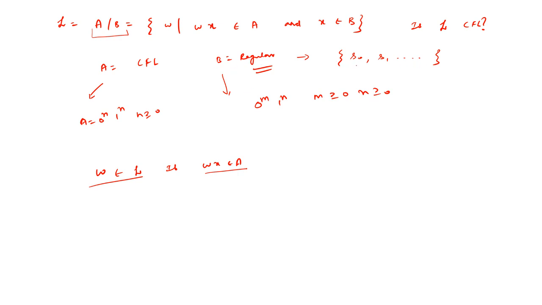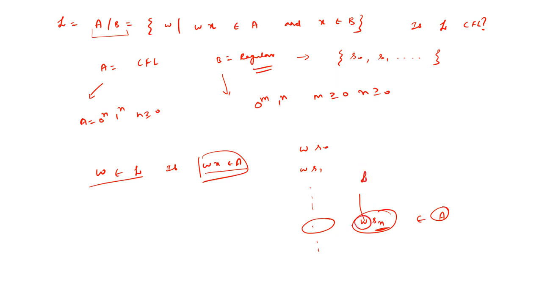If I expand this regular language B in terms of strings that it accepts, let's call them S0, S1, etc. Now Wx is nothing but you take each string in the regular language, that is WS0, WS1, and you go on until you hit a string, let's say WSN, such that WSN is accepted by the context free language A. Then you will accept this string W in the language L.